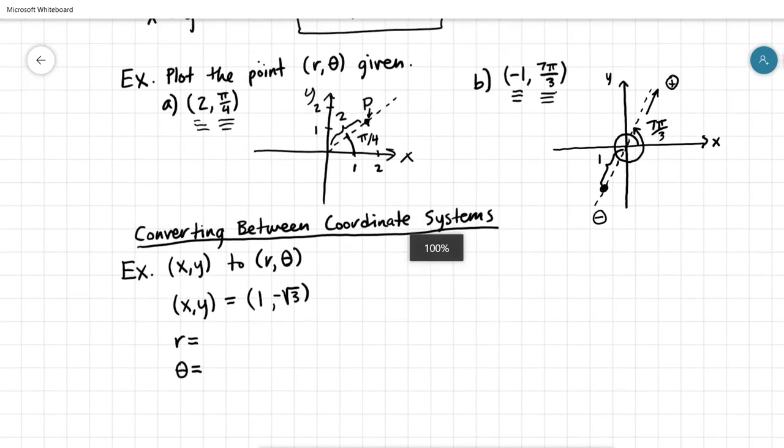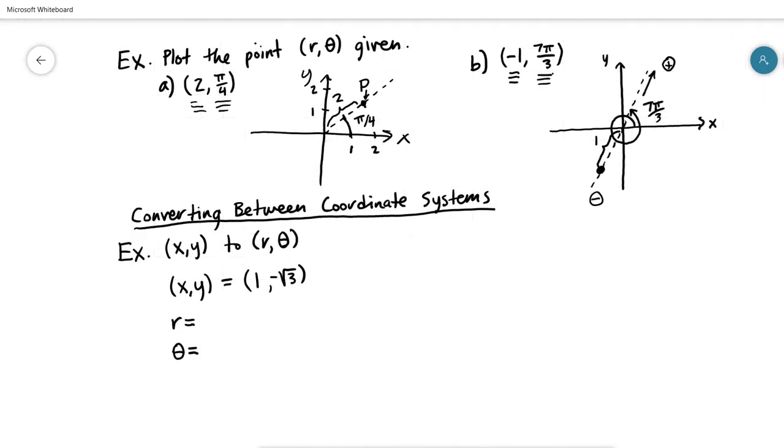So coming back down here, we can use those formulas, but I actually just like to do what we did a minute ago, draw a picture. It makes it a little bit easier in my opinion. So I'm going to draw a quick sketch. Here's my x direction, my y direction, and we're going to the point 1, negative root 3.